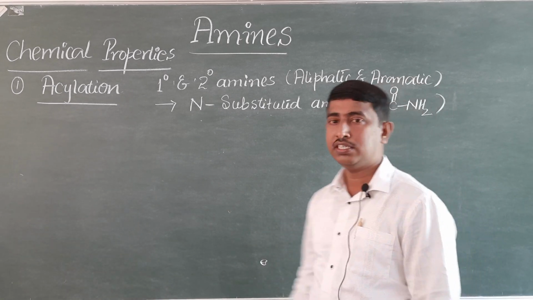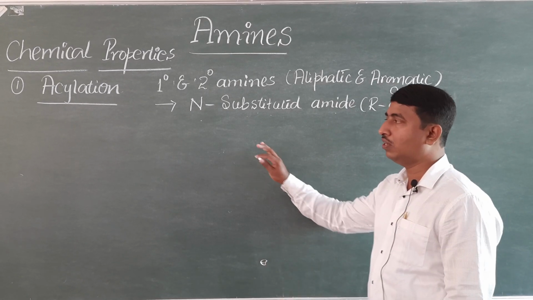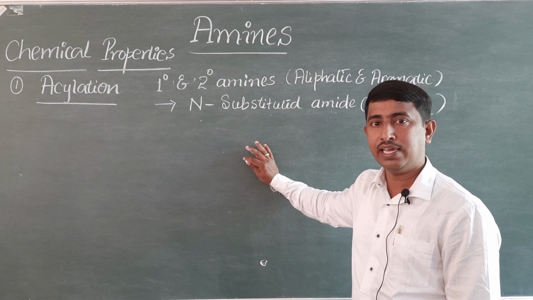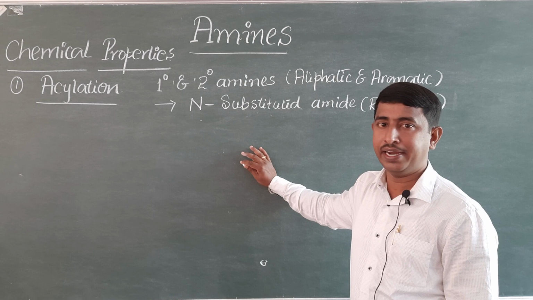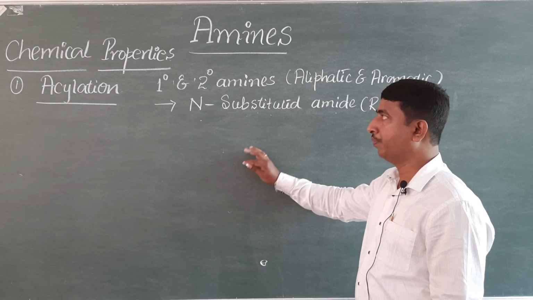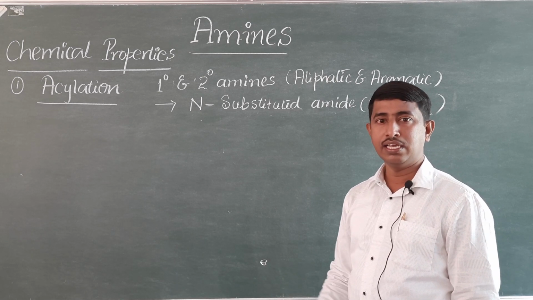Now, why can a tertiary amine not undergo acylation? Acylation is not seen in the case of tertiary amine, because for acylation we need hydrogen. Hydrogen must be replaced by an acyl group. The functional group of primary amine is NH2.